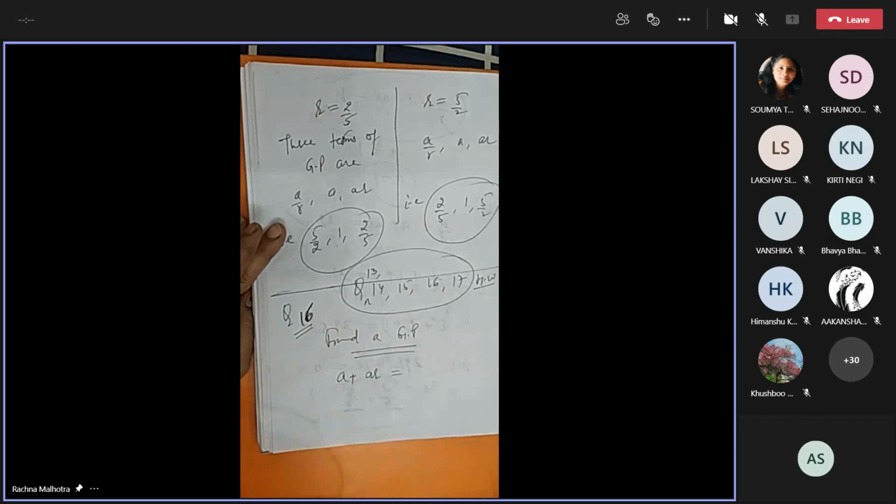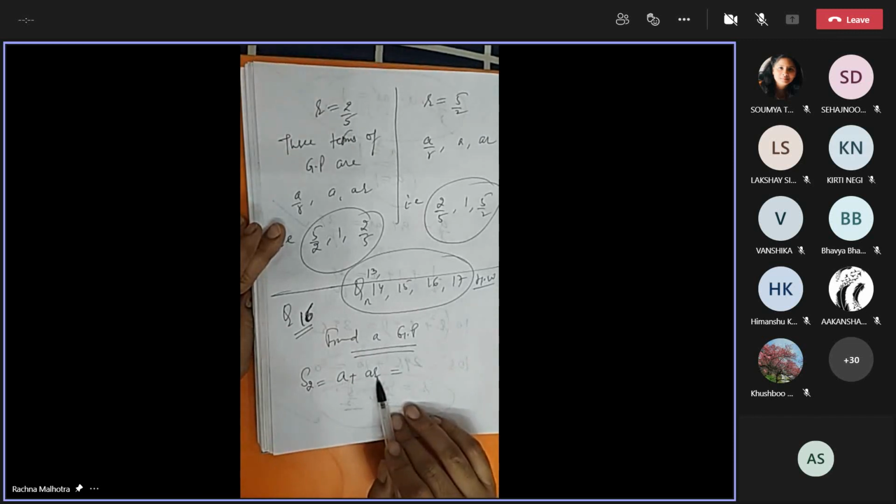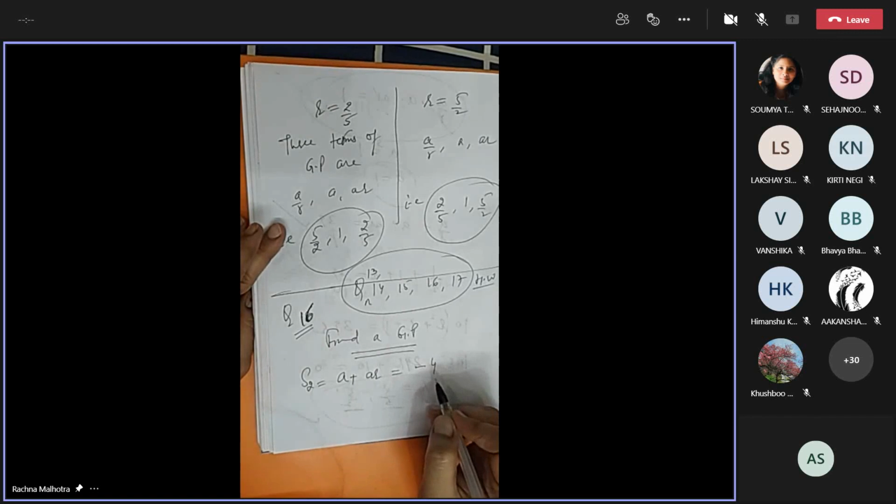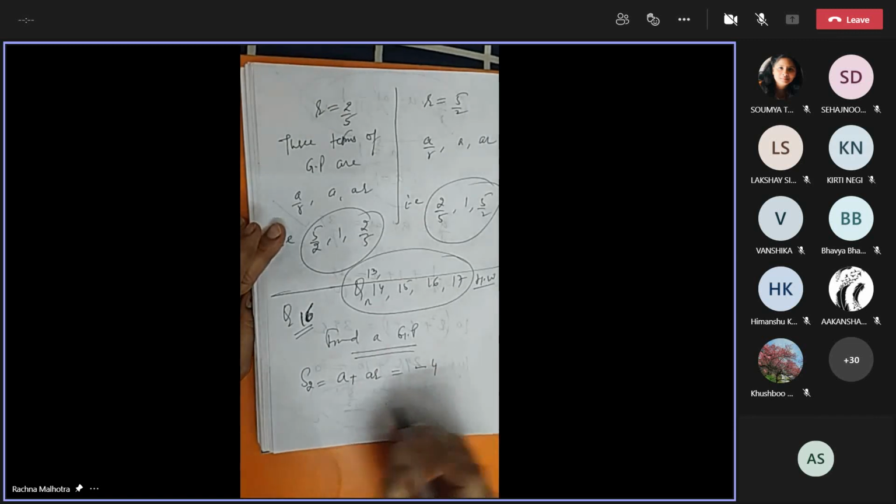A plus AR. The first term is A and the second term is AR. The sum of the first two terms is already given, I think, as minus 4. And the fifth term is 4 times the third term. So what will be the fifth term? Please tell me.